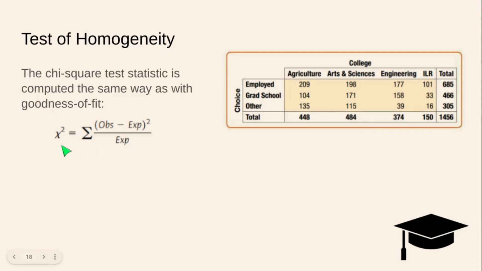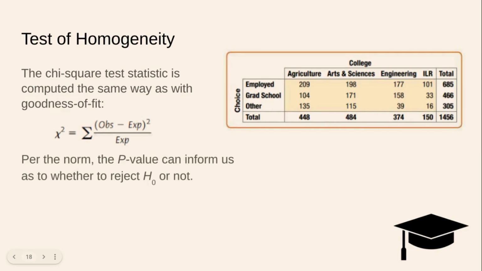Sum them all up, and you've got yourself a test statistic. Per the norm, the p-value can inform us as to whether to reject H sub 0 or not. And we'll see how the test statistic and the p-value are related specific to the chi-square test a little later on.